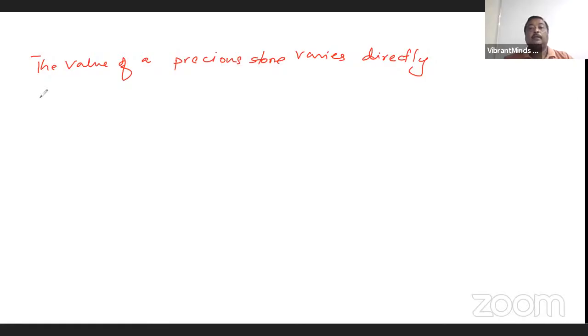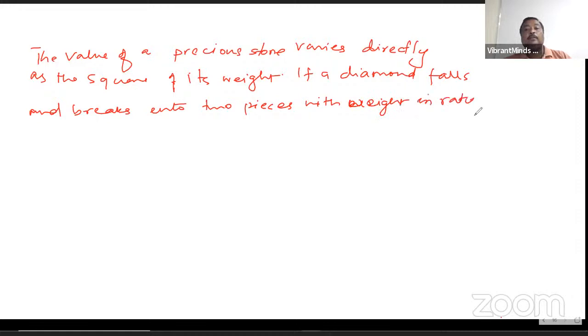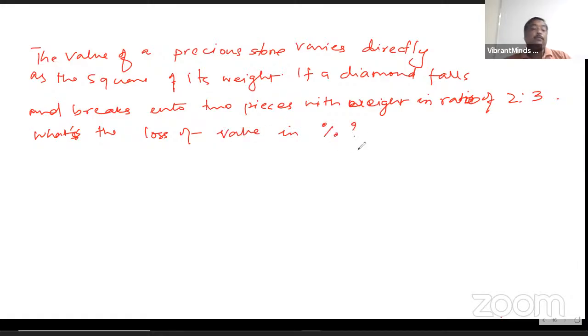If a diamond falls and breaks into two pieces, with weight in ratio of 2:3, what is the loss of value in percent?